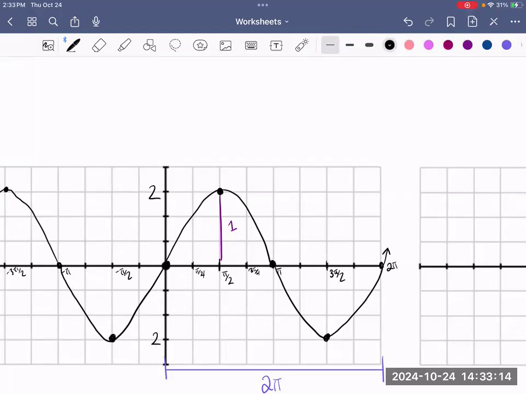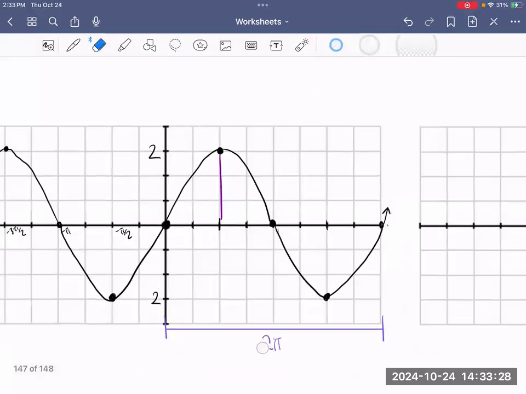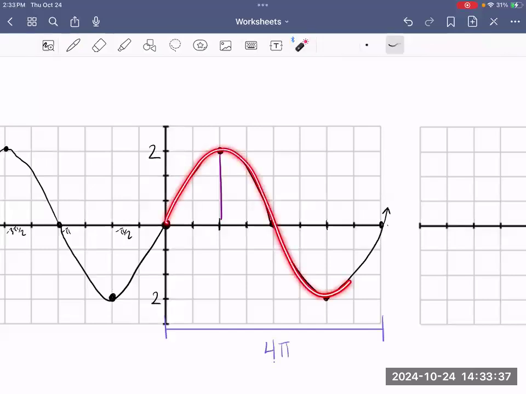And then what we're going to do next is that all of your values here along your x are going to change. So if we complete one full rotation, instead of taking us 2 pi, it is now going to take us 4 pi. That means at the very end of this revolution, we have now completed all the way to 4 pi.